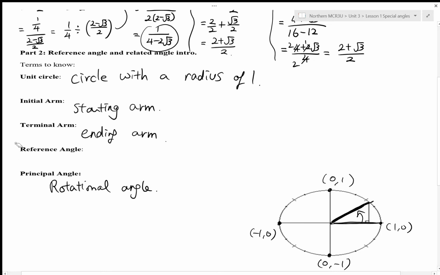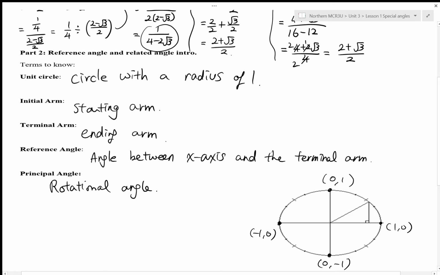Then you're going to ask me, what about the reference angle? So the reference angle is the angle between the x-axis and the terminal arm. So for example, I'm going to use red in this case.